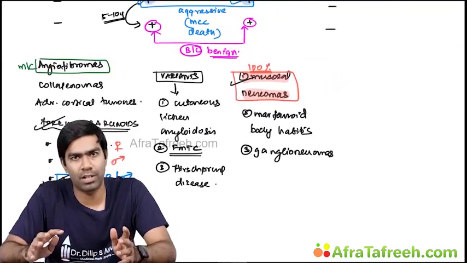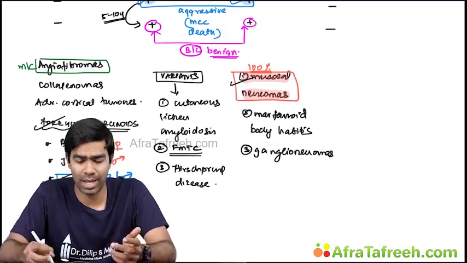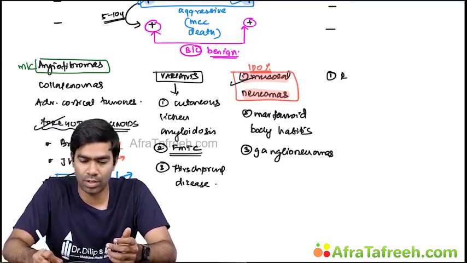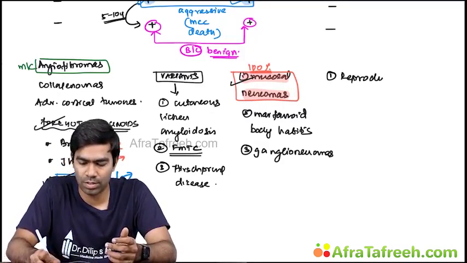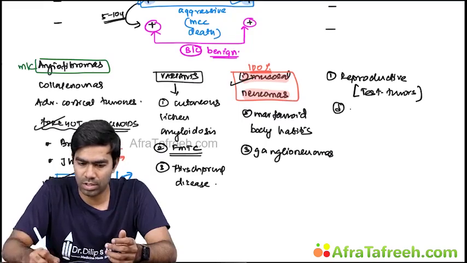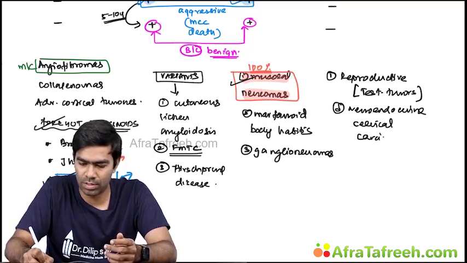In MEN4, we discussed parathyroid adenomas and we saw pituitary adenomas, but there are some extraendocrine tumors that can be seen in MEN1 and MEN4 syndromes, like reproductive organ tumors. What are the reproductive organ tumors? You can get testicular tumors, or you can even get neuroendocrine cervical carcinomas.